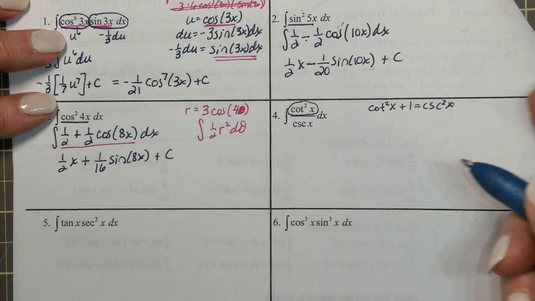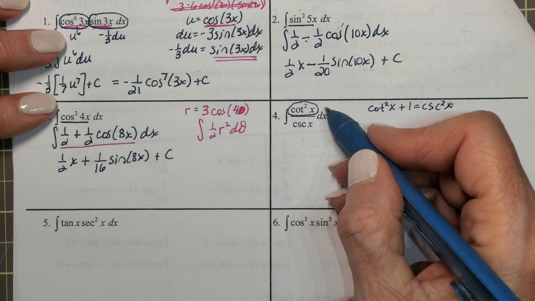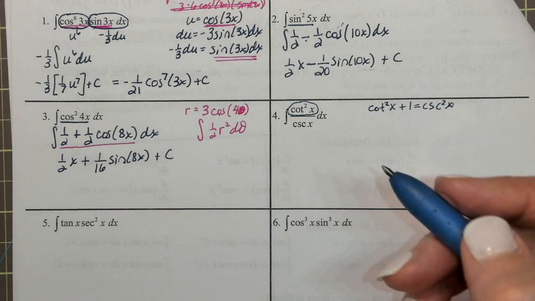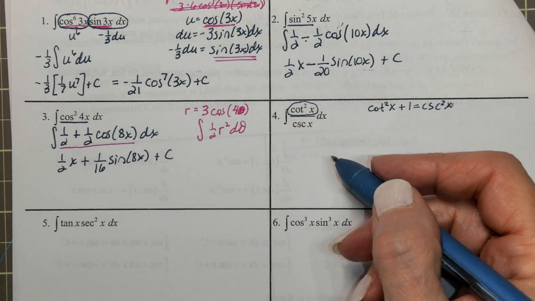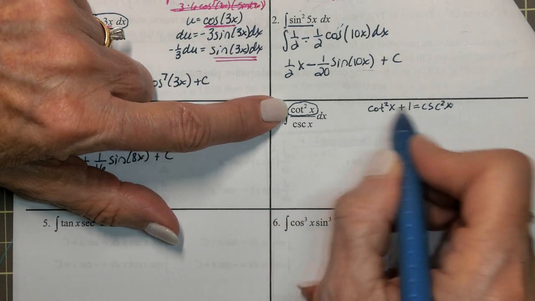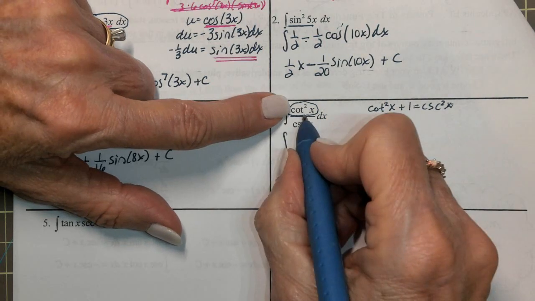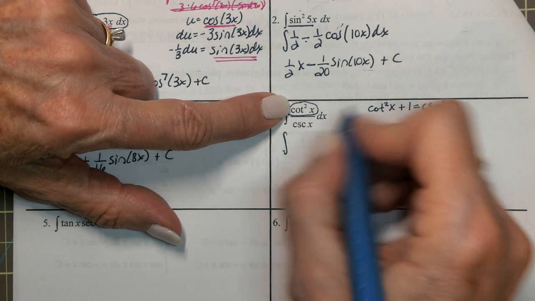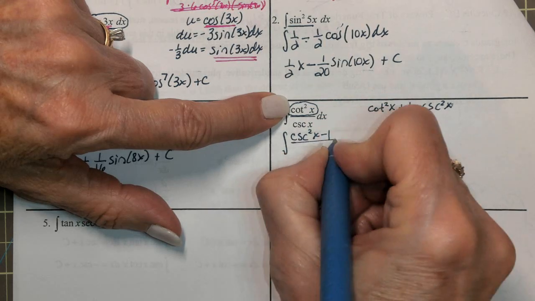So you can use an identity, change to sines and cosines, move cosecant to the top, make it a sine. We can do lots of things. My best advice is do something and see what happens. Since I wrote this down, I'm going to go ahead and use this and see what happens. So in place of cotangent squared, I'm going to replace it with cosecant squared x minus 1.